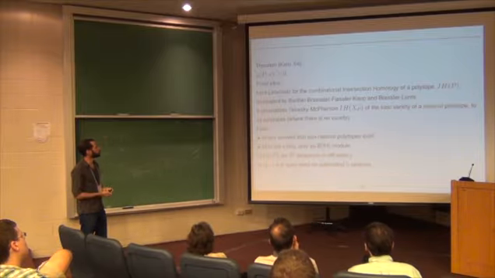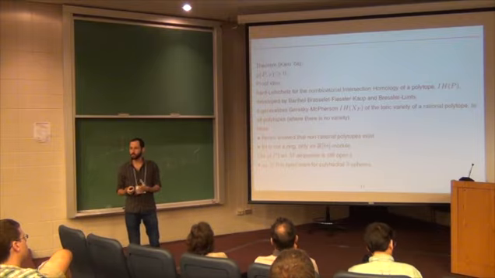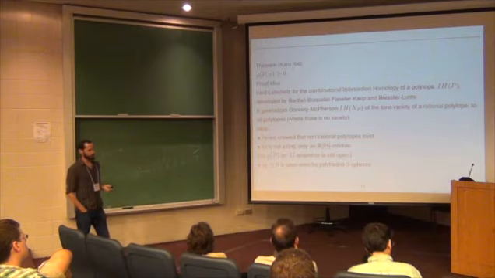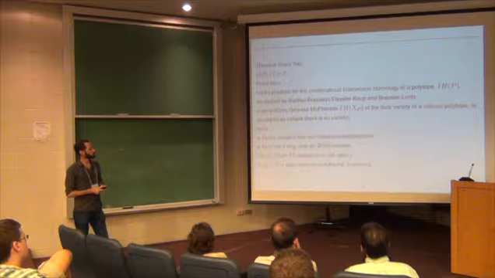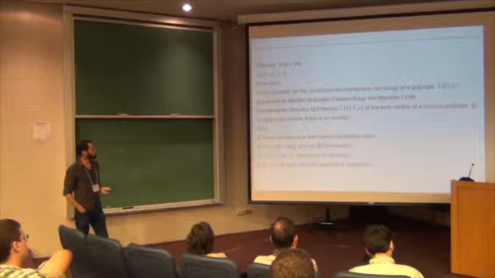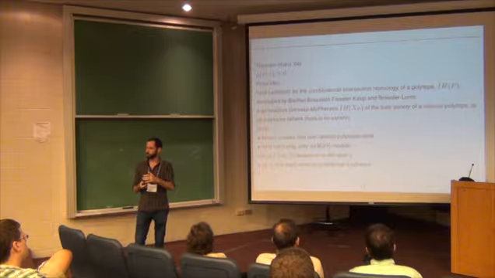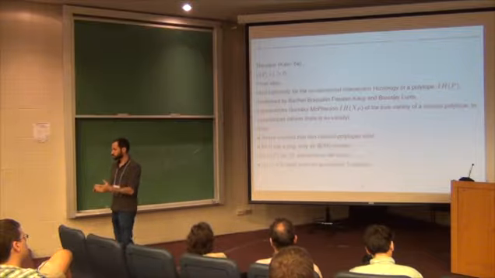Okay, so Karu proved, and this was a major breakthrough, that the toric G vector is indeed non-negative, and the tool he used is to prove a Hard Lefschetz theorem for what is called the combinatorial intersection homology of a polytope. This was developed by various groups of researchers, and the point there is to generalize the intersection homology for rational polytopes to general polytopes.